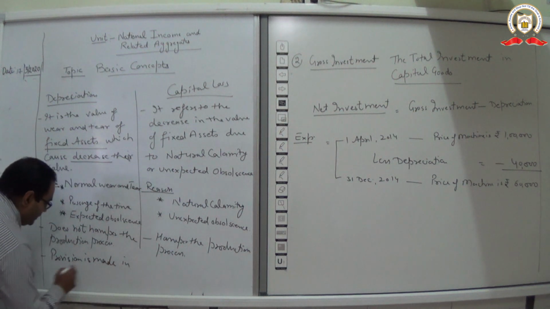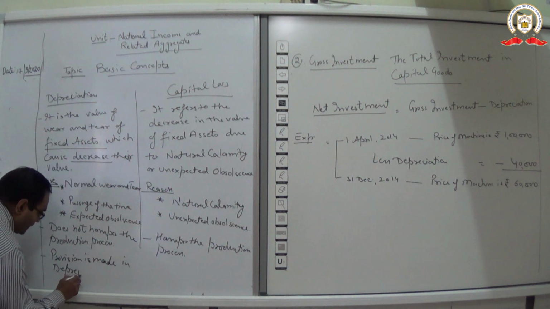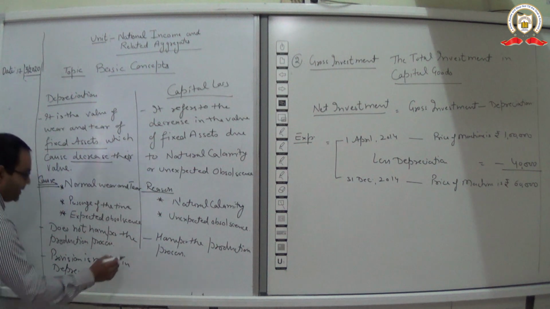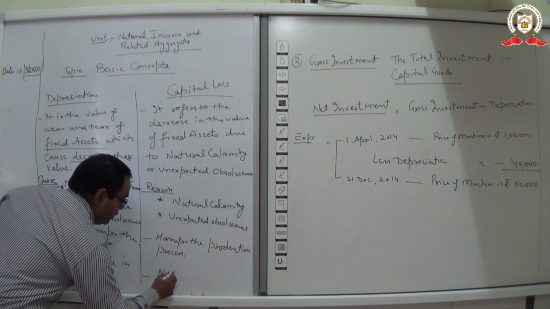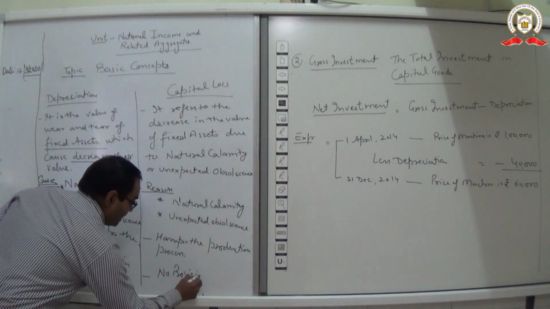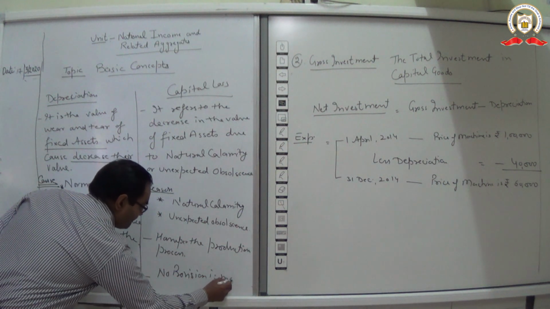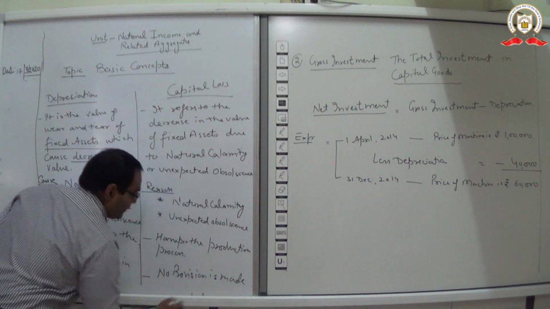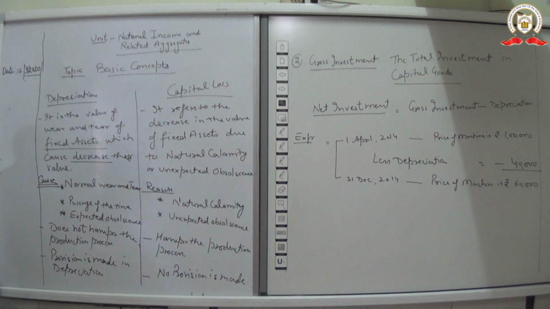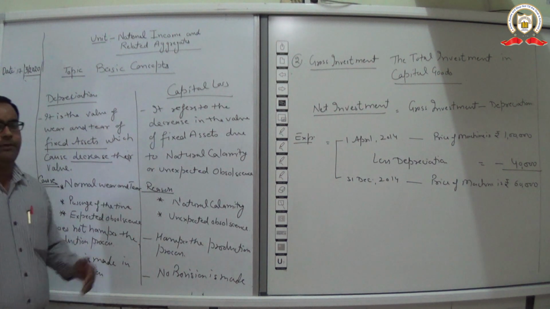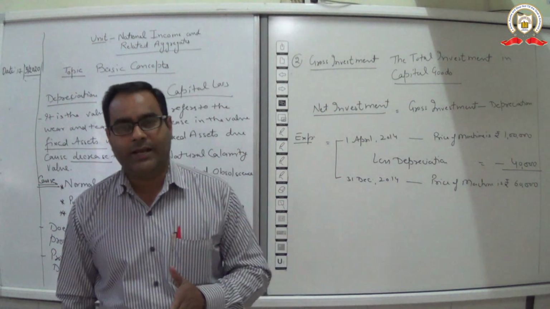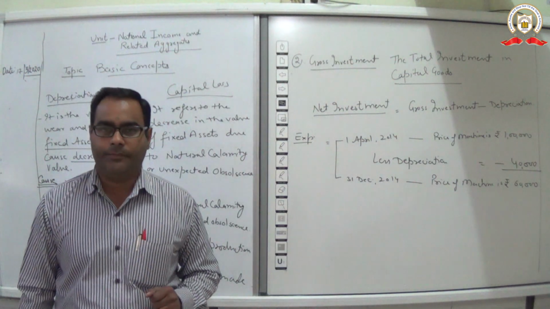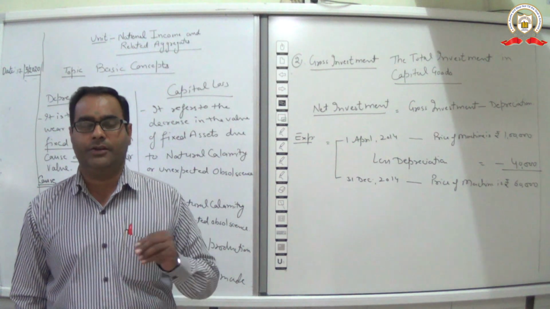Whereas in capital loss, no provision is made. What does it mean? How the provision is made? In accounts, we make the depreciation account that clears us that after what time we are required to replace our machinery and we have to purchase the new machinery.